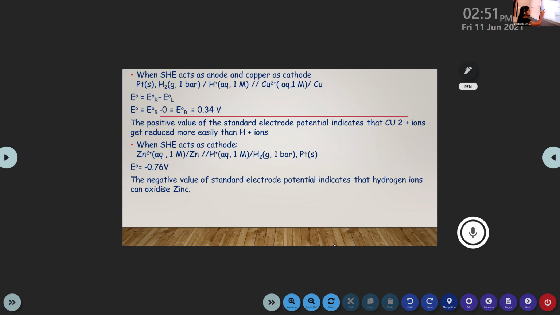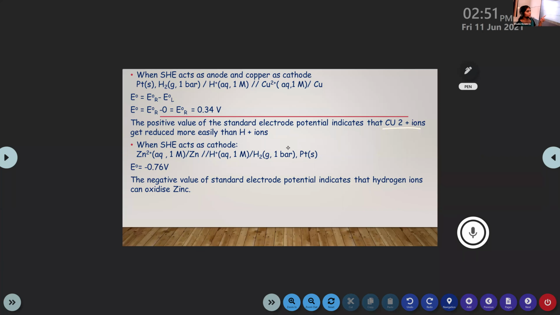The positive value of the standard electrode potential indicates that copper ions get reduced more easily than H plus ions. In the second case, the negative value indicates that hydrogen ions can oxidize zinc.